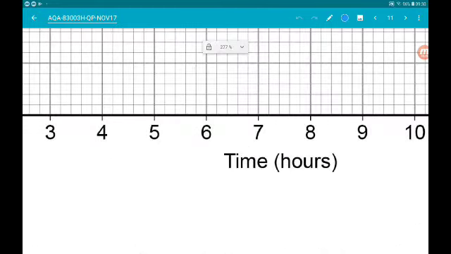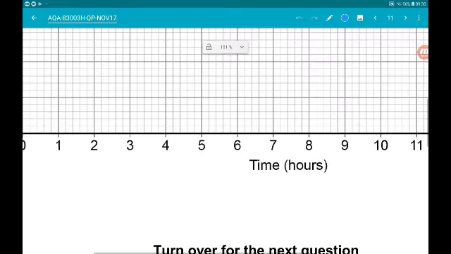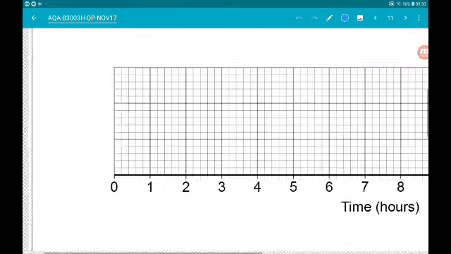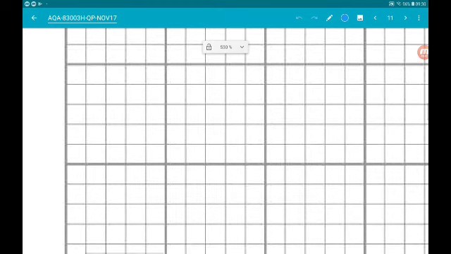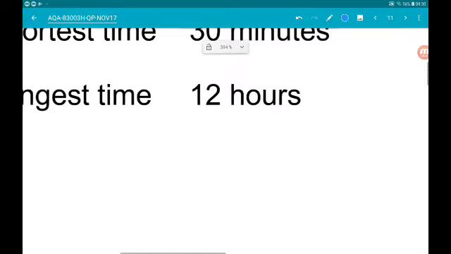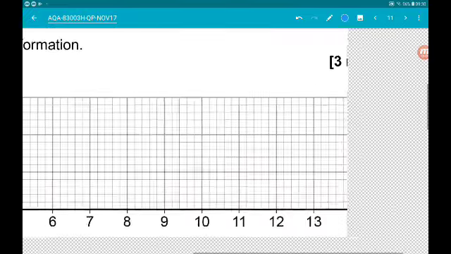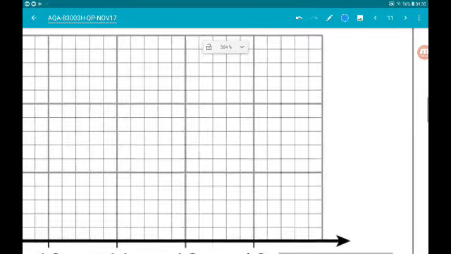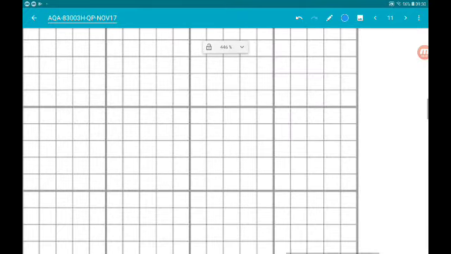So we got hours along the bottom. So 30 minutes is half an hour. So that's going to go there. Use a ruler and the real thing. Longest time, 12 hours. So that's going to go here.